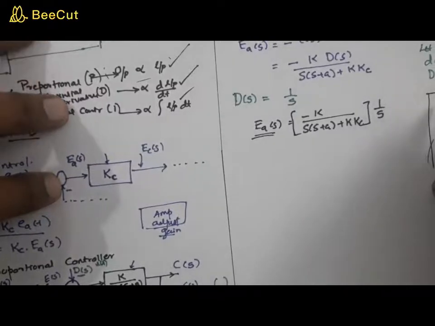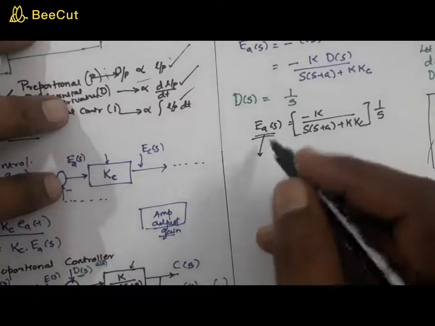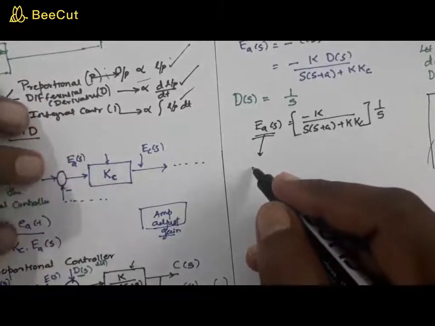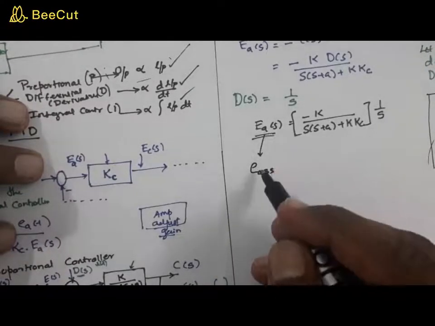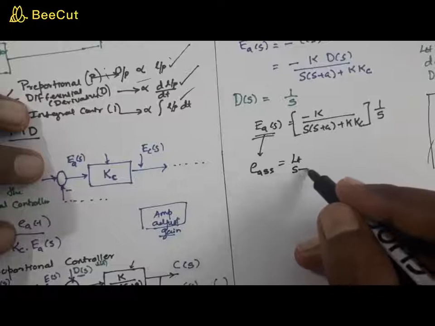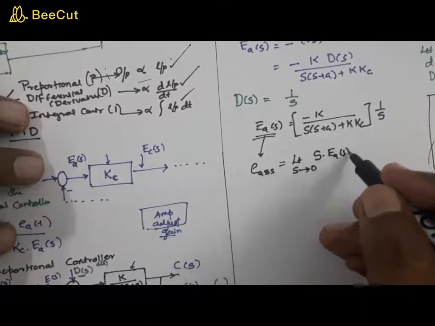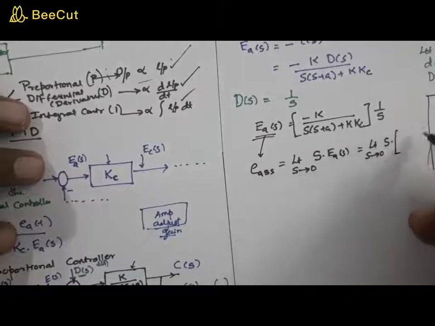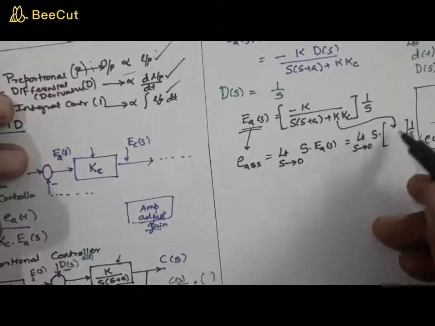So in order to find the value of this error signal, that is the steady state error, I'm calling this EaSS, meaning the steady state of the actuating signal. Steady state error is limit s tending to 0 of s into Ea(s), or limit s tending to 0 of s into this whole thing into 1 by s. You may write that down by yourself.